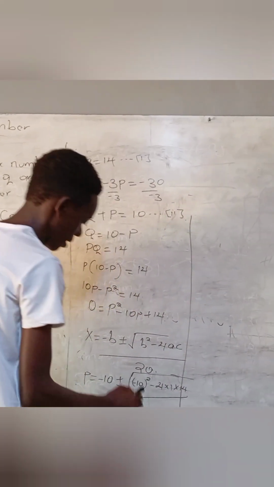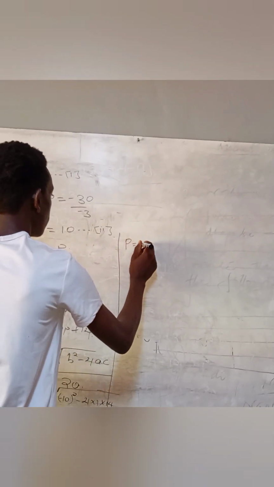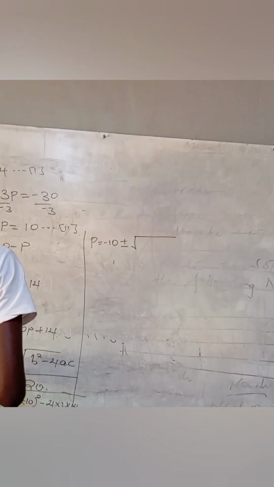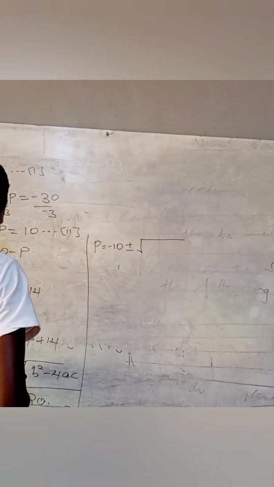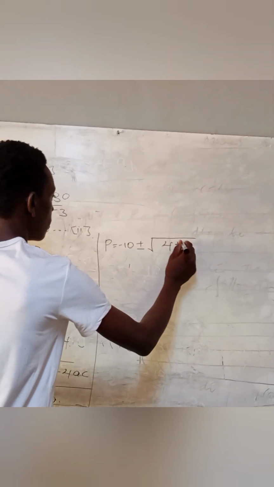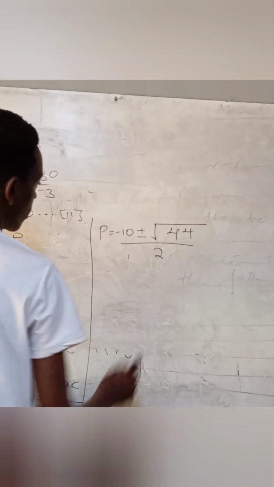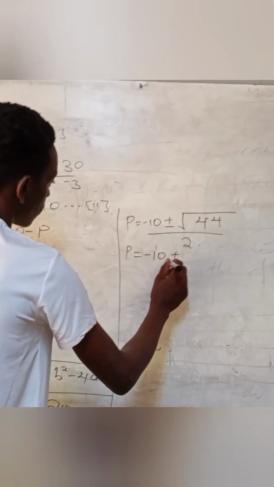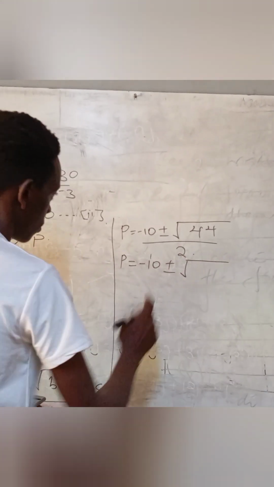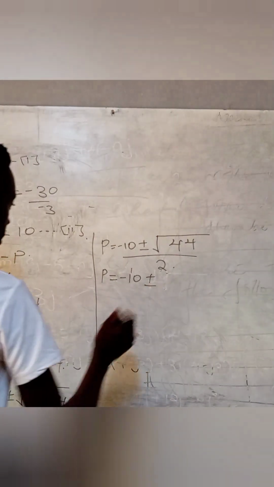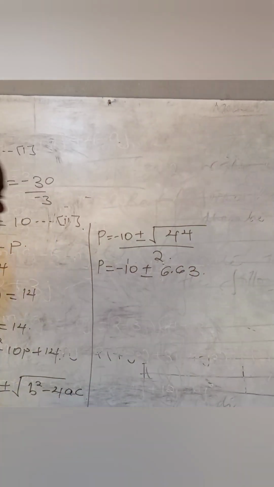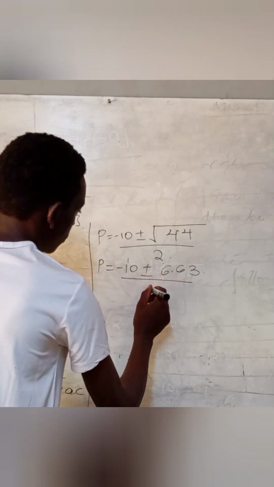So I will have p is equal to 10 plus or minus the root of 44, which is 6.63, all over 2.